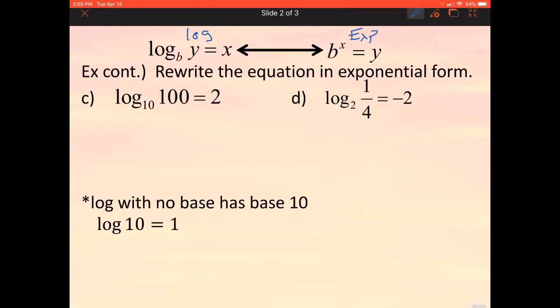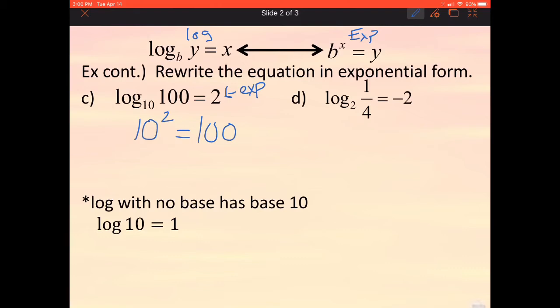Same directions. For example C, we have our log with a base of 10. We have to decide what our power is. Remember, what the log is equal to is the power, the exponent. So 10 to the second equals 100, and that's again a true statement.